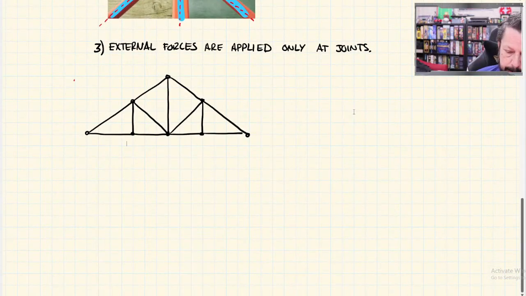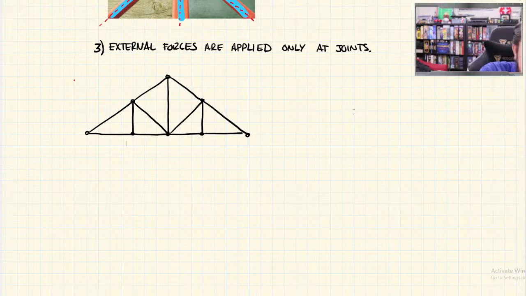Now what our third rule is talking about, external forces applied only at the joints, means that any time I'm analyzing this using the truss analysis procedures, method of joints and method of sections, I can only put forces at a joint somewhere.